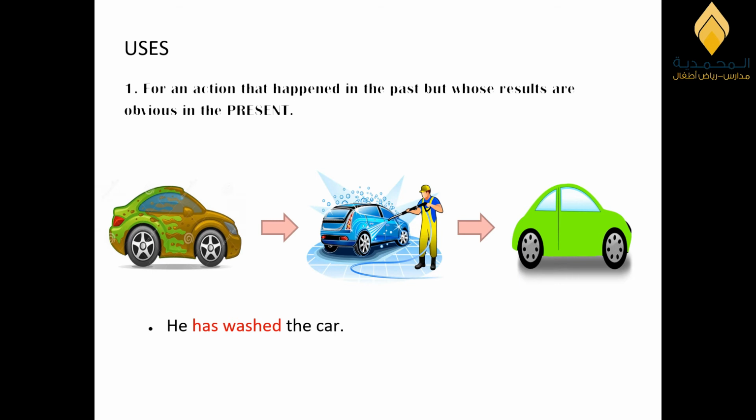I have used the auxiliary has because the subject is singular, with the verb 3 or past participle of the verb, which is washed. So I have used the present perfect for an action that happened in the past whose results are obvious in the present. So the result of this action, which was washing the car, is that the car is clean now.